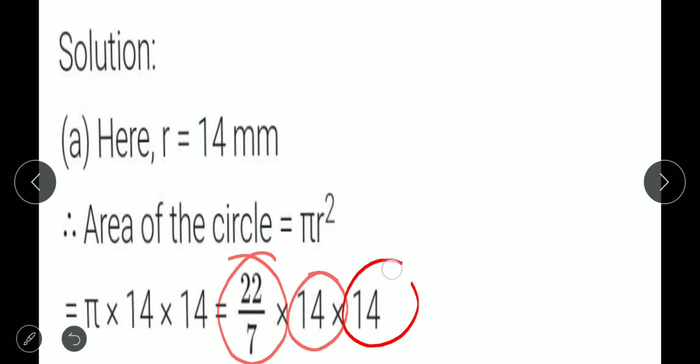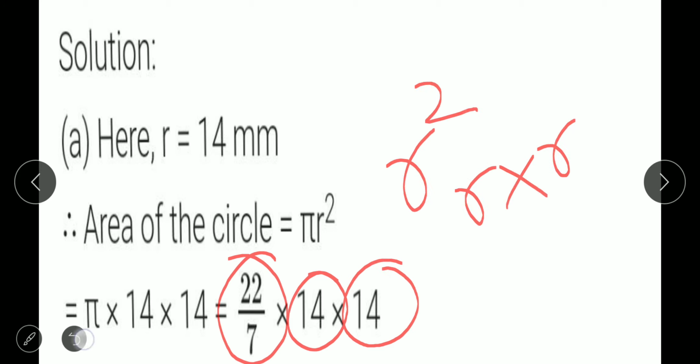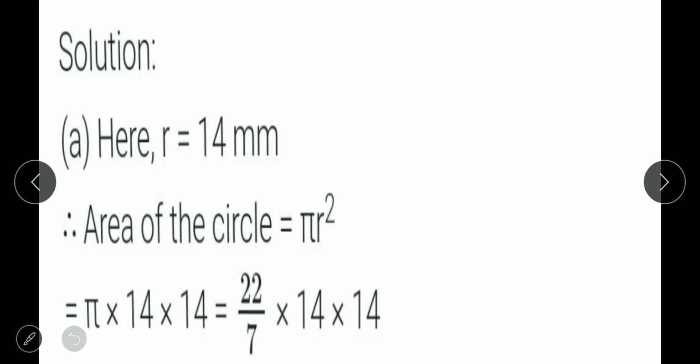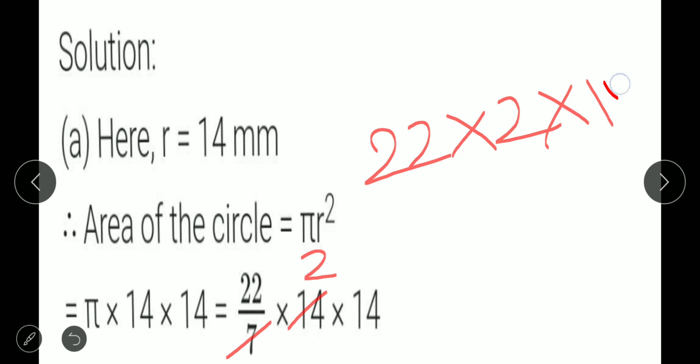In the first part, r equal to 14 millimeter, so area is pi r square, pi 22 upon 7, r they have given 14 into 14. r square means we have to multiply the radius 2 times, so 14 into 14. Now you can solve, 7 2s are 14, you can cancel any 14. Now when you multiply 22 into 2 into 14, you will get the answer.